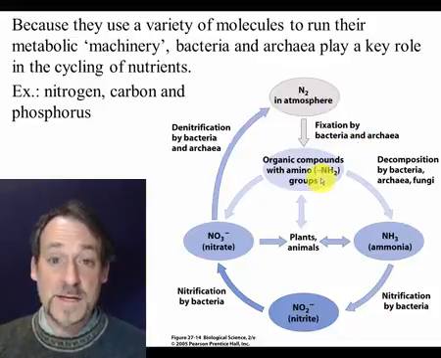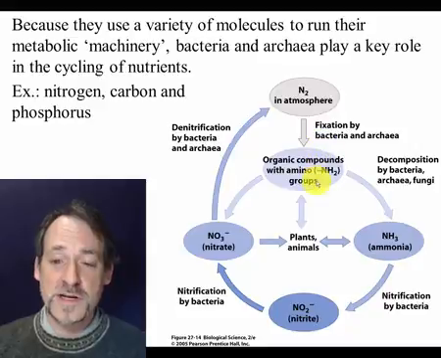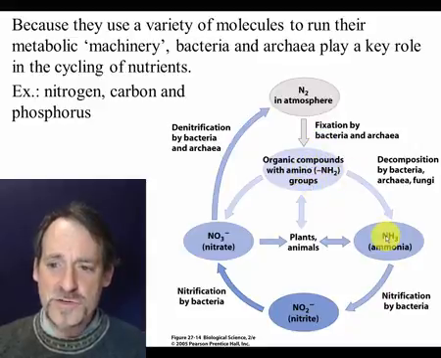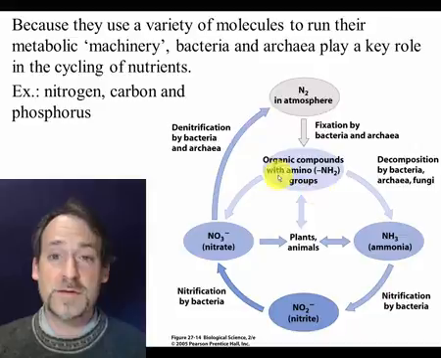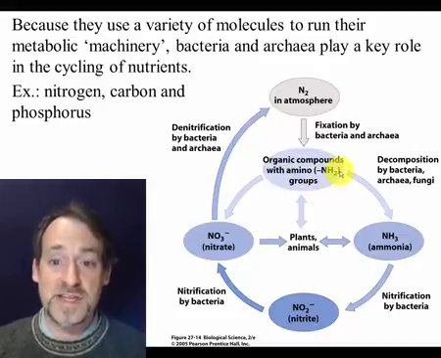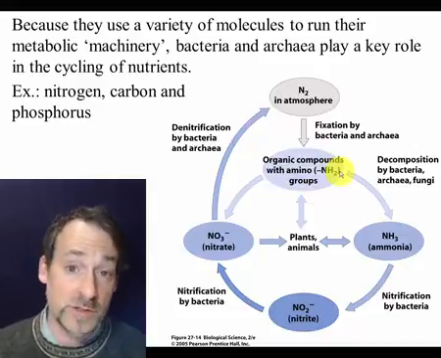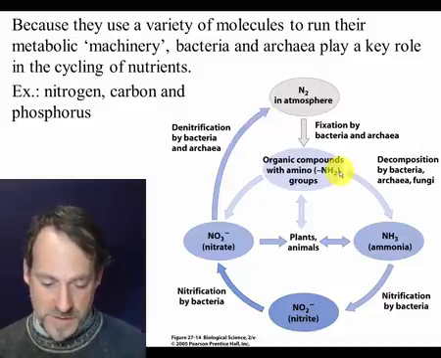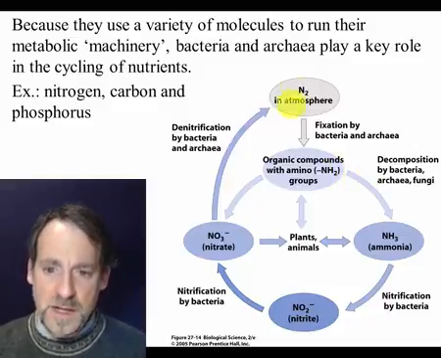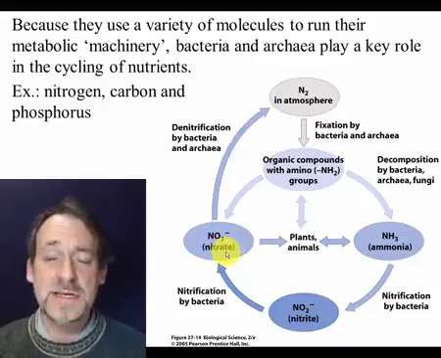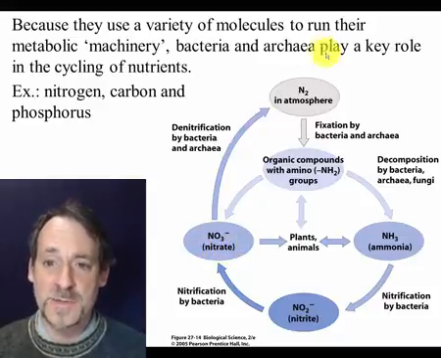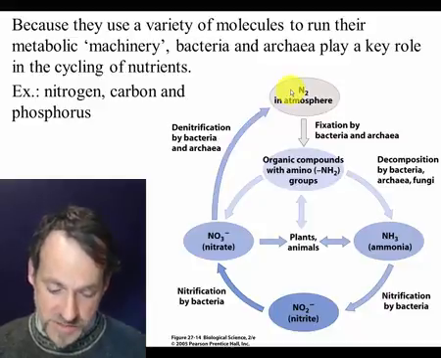The nitrogen compounds that are generated by those bacteria also can get interconverted among different forms, say ammonia, nitrite, nitrate, and can be made into organic compounds that have amino groups, like say, amino acids, or something like that. To complete the cycle, there are some bacteria and archaea that can take nitrate and use it in their metabolism, generating molecular nitrogen again.